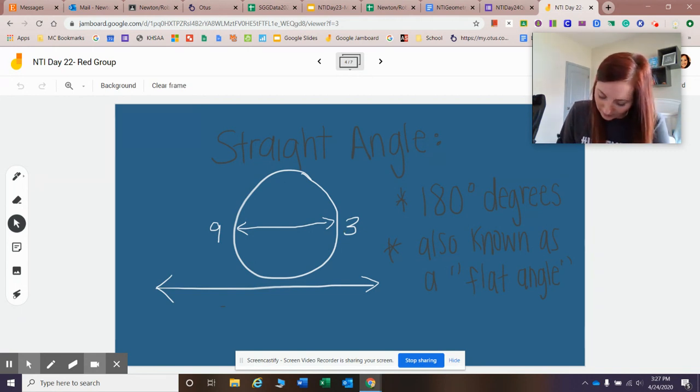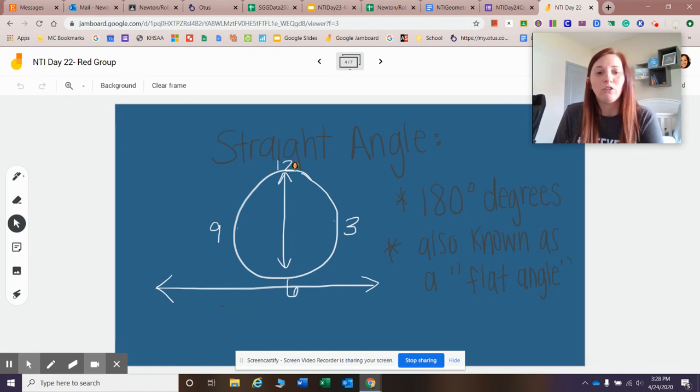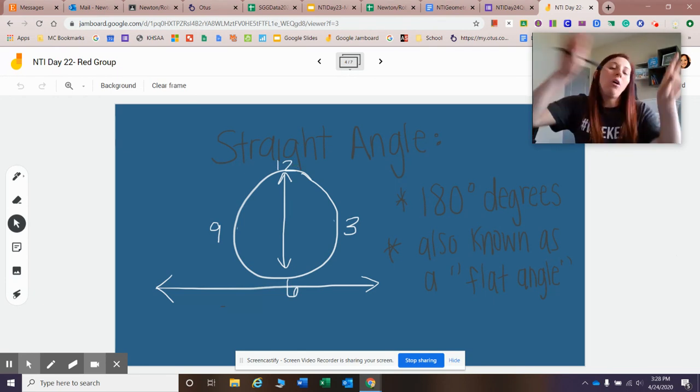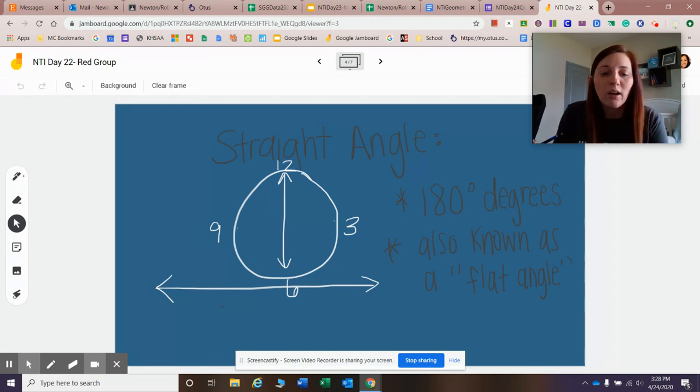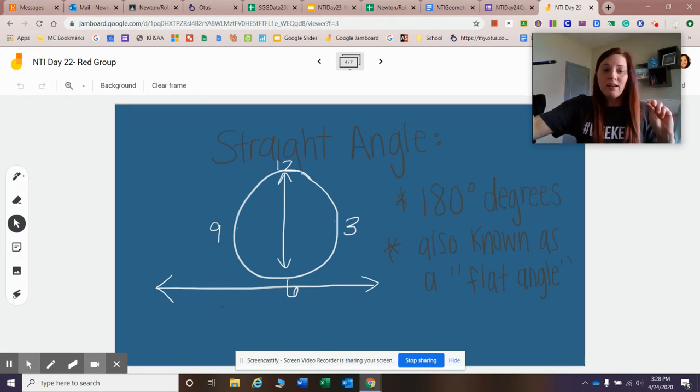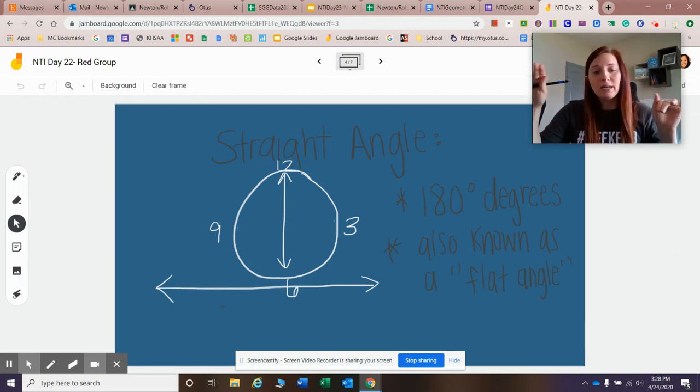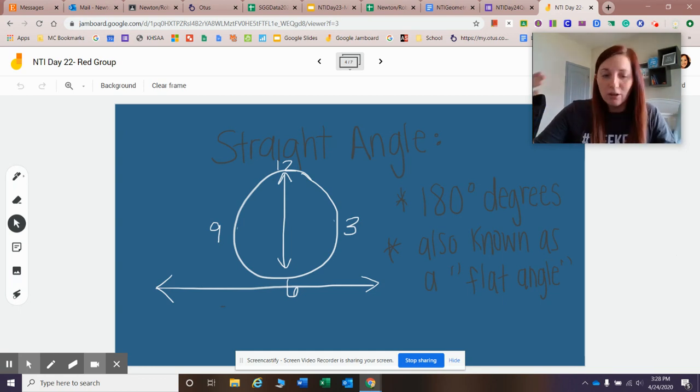Another time that's a straight angle is 6 o'clock, or 12:30. You can go all the way across a clock in whatever way, and that's going to give you a straight angle.